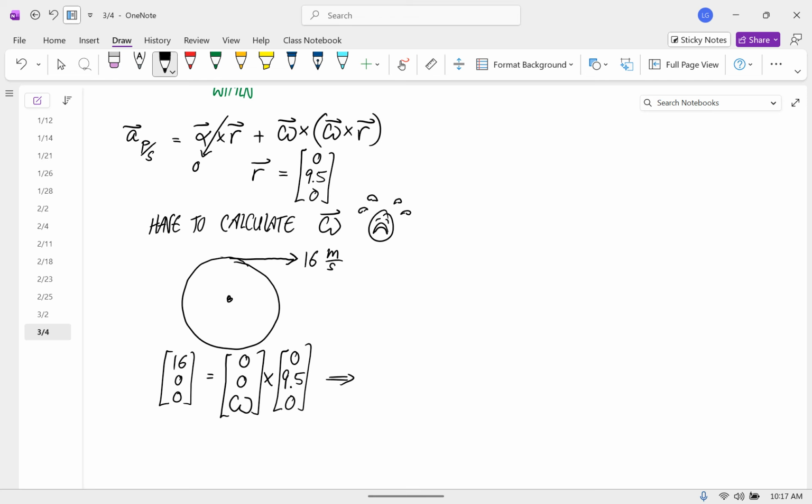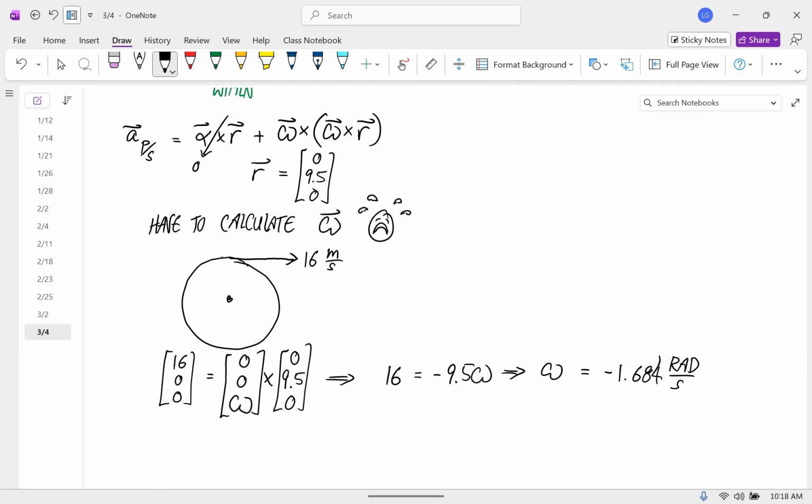And so that tells us that 16 is equal to negative 9.5 omega. And so omega is equal to negative 1.684 radians per second.